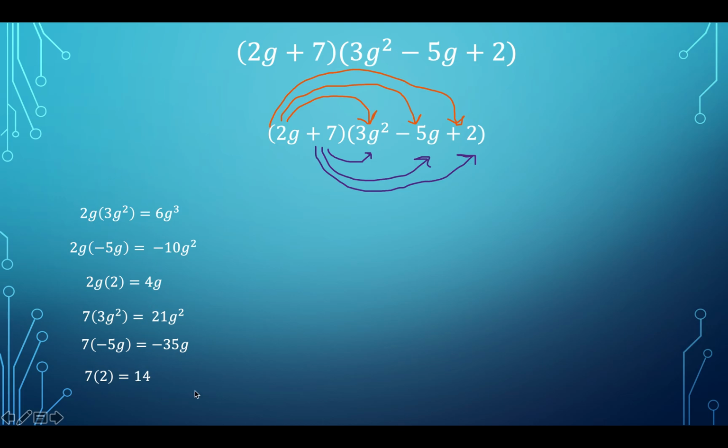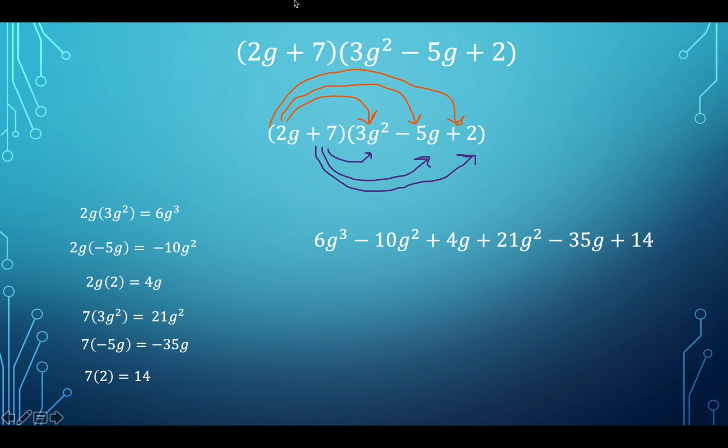Okay, we got this all written out over here. Now we have to worry about combining our like terms. So I rewrite it for myself so it's easier to see. So I have 6g to the third minus 10g squared plus 4g plus 21g squared minus 35g plus 14.